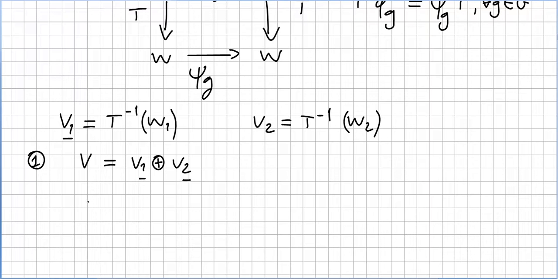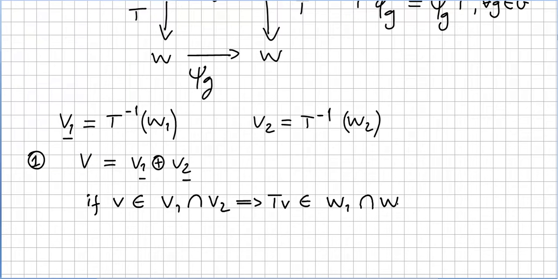If v is in the intersection of V1, V2, then the transform of v will be in the intersection of W1, W2, two subspaces.